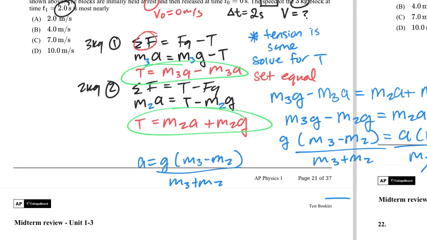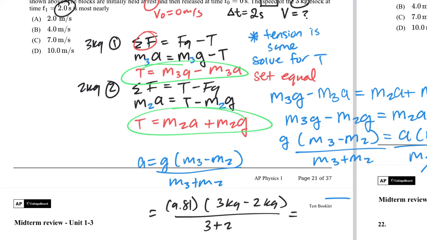So let me just bring it down here. Acceleration is going to be 9.81 times 3 kilograms minus 2 kilograms over 3 plus 2, and that's going to be 1.96, or 2 meters per second squared.